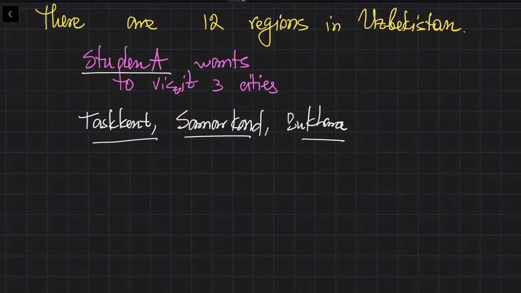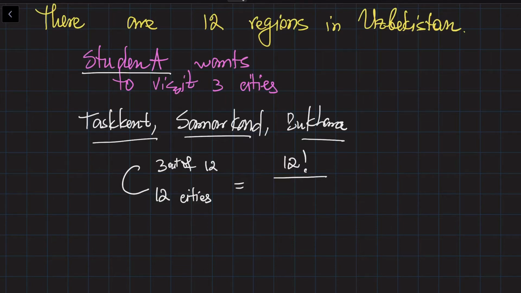If I ask how many different lists of 3 cities we can create, it's going to be the combination, right? So we need to choose 3 cities out of 12, and there are 12 cities in total. We divide 12 factorial by 12 minus 3 factorial, so 9 factorial, and additionally multiply this by 3 factorial.